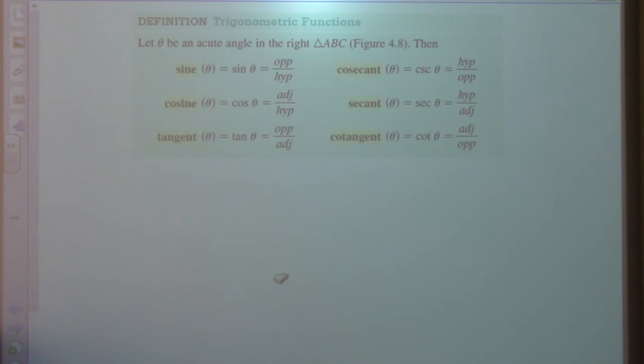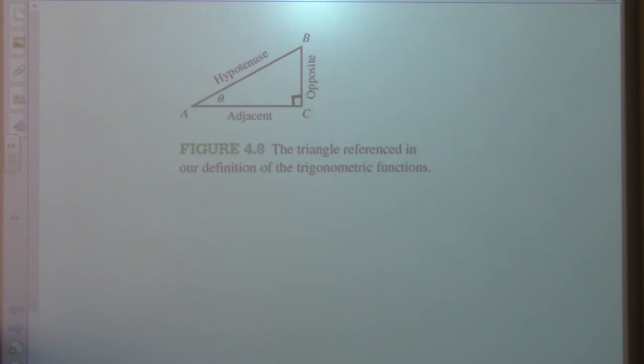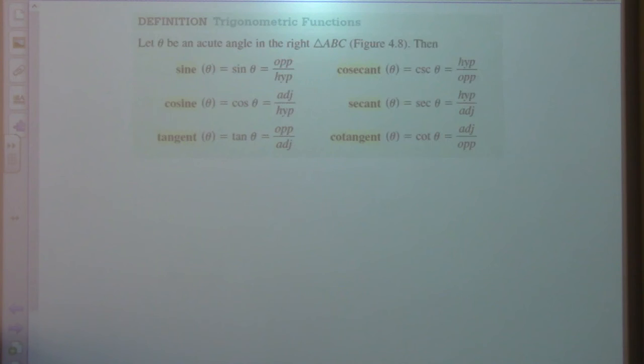Now if we go back to our drawing here, our sine is the ratio of the opposite to the hypotenuse. The cosine is the ratio of the adjacent to the hypotenuse, and the tangent is the ratio of the opposite to the adjacent.